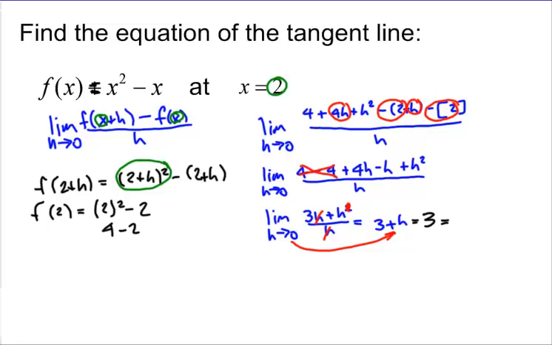Okay, so this guy's your slope. And if I need to write the equation for the tangent line, then all I'm going to do is use my point-slope form. My point is when x is 2, what is y? y is 2. So I've got the point 2, 2.